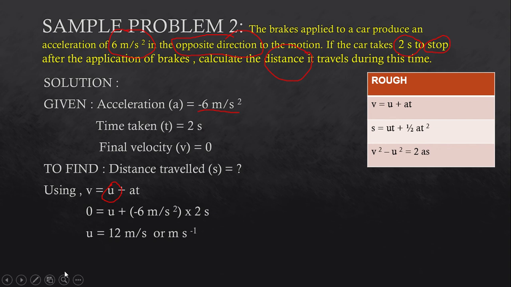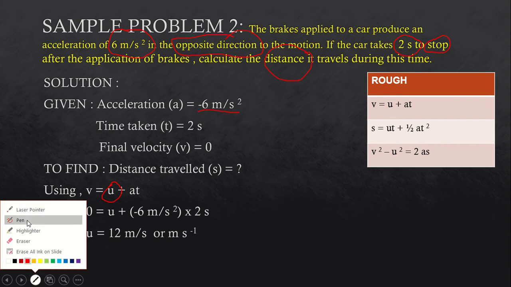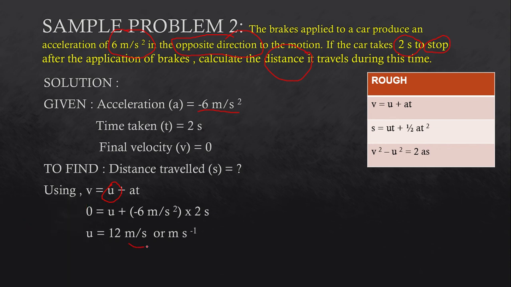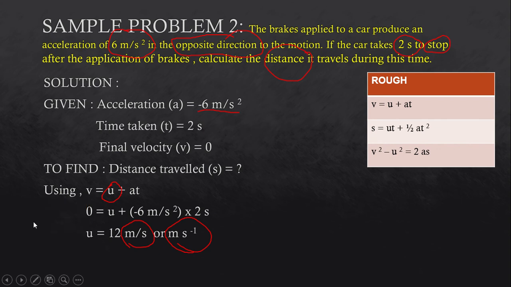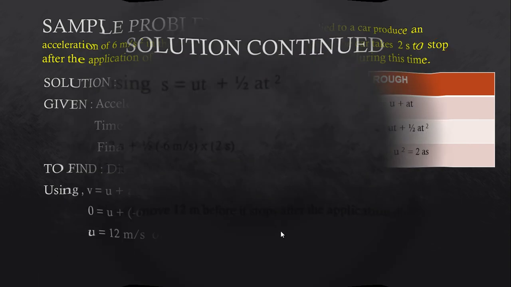Students, please notice we can write meter per second either this way, or we can also write it in this manner, m s to the power -1. Both mean the same, these are two different ways of writing. You need to read it in the same manner, meter per second. So you have got the value of initial velocity, that is 12 meter per second.